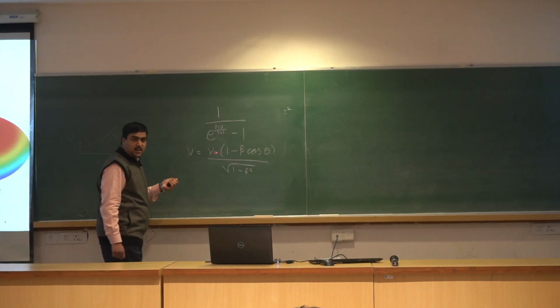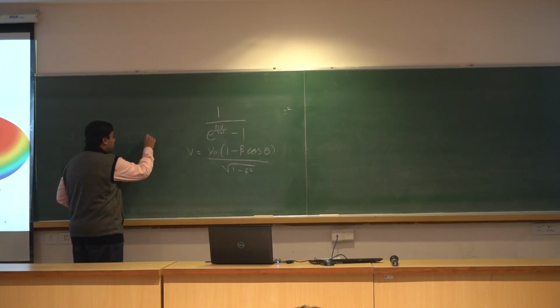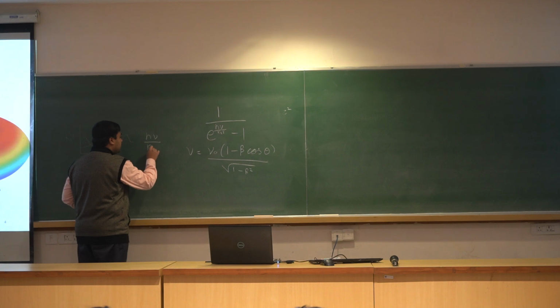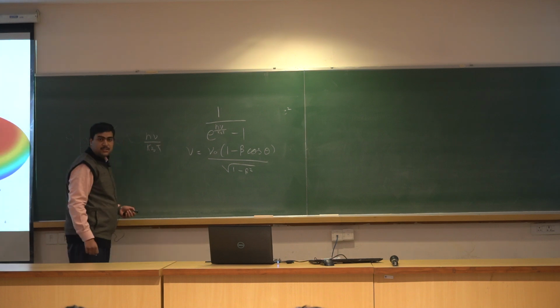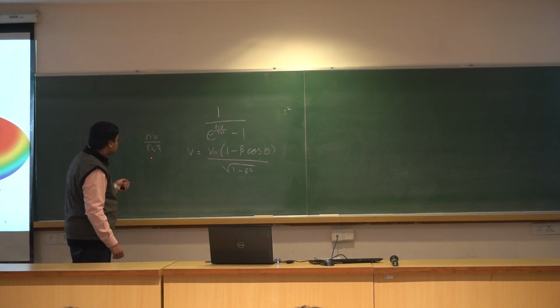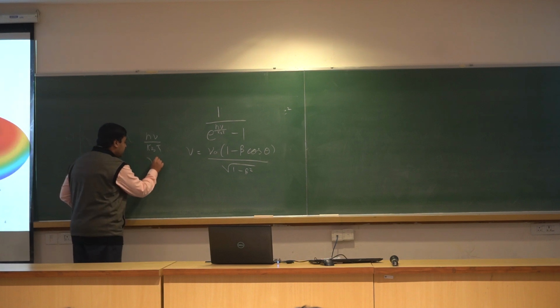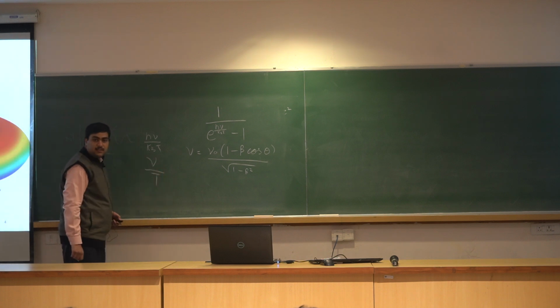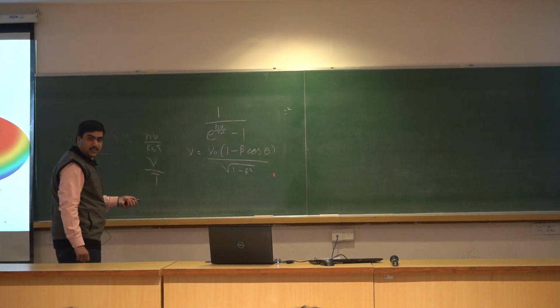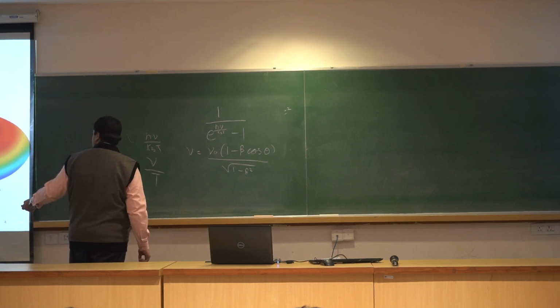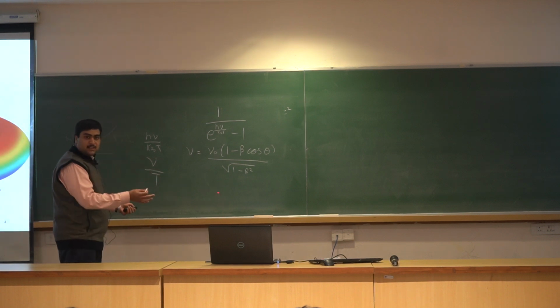And if this has to remain invariant, then your h nu by kB T should be a Lorentz invariant. It should not change under the transformation of your frame of reference. It means that your nu by T should be a Lorentz invariant. So if you look at this structure here and this one, then you will see both of them are just opposite of each other.